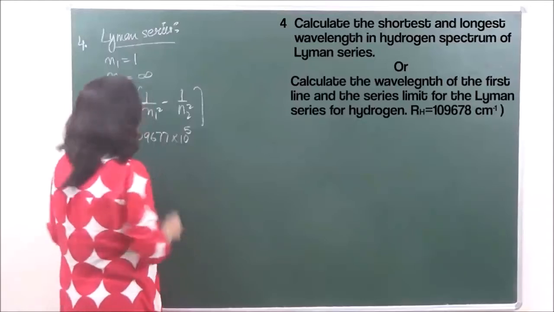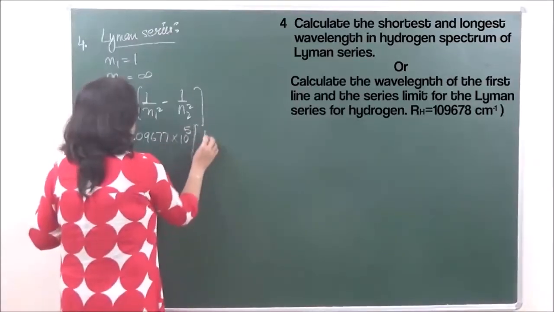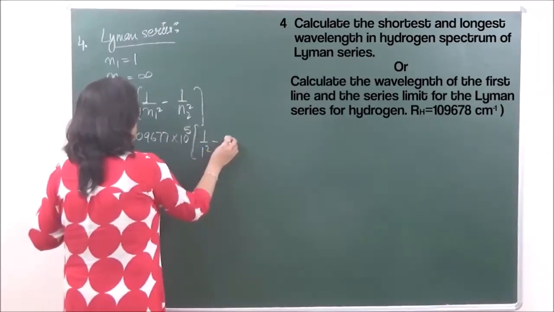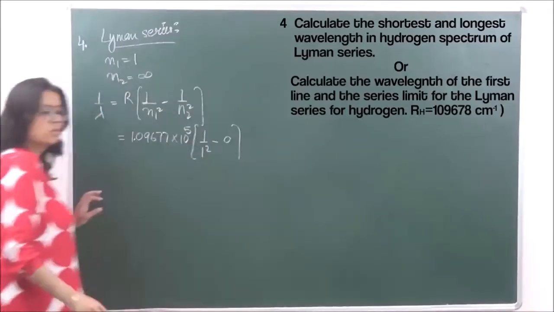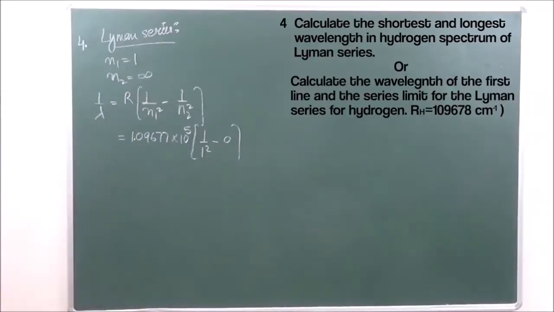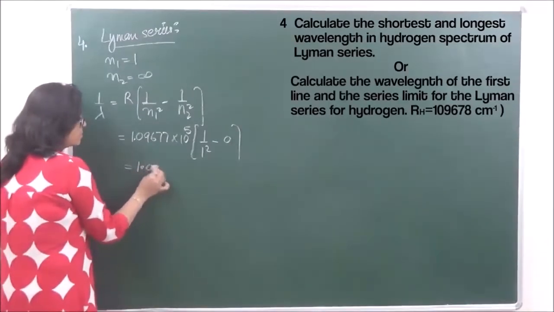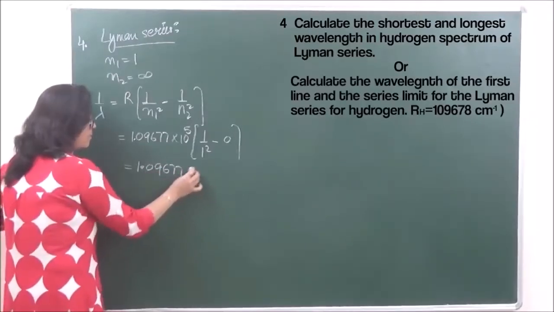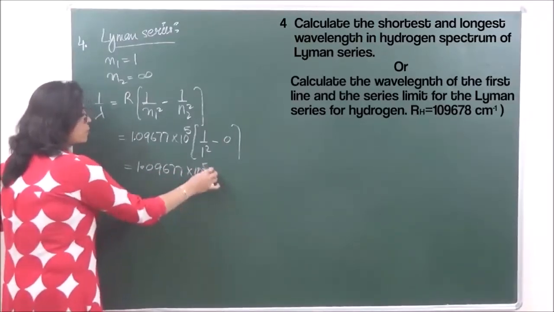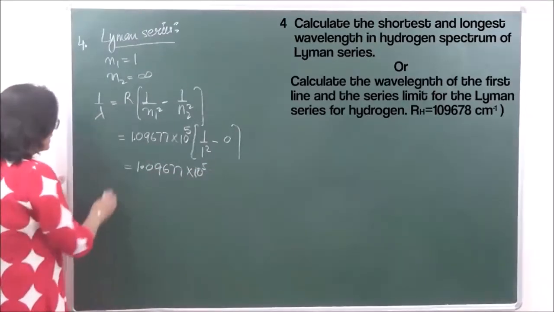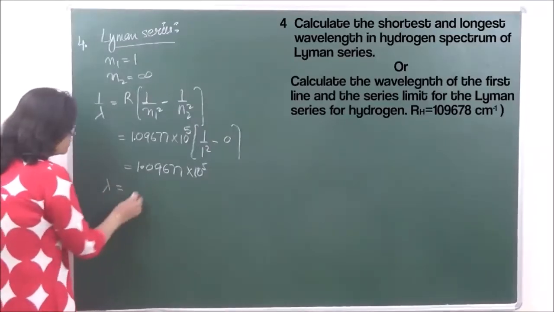We can take this into 1 upon 1 square minus 0. Right? So this is going to come the same, into 10 raised to power 5. Right? So lambda will be the reciprocal of this.